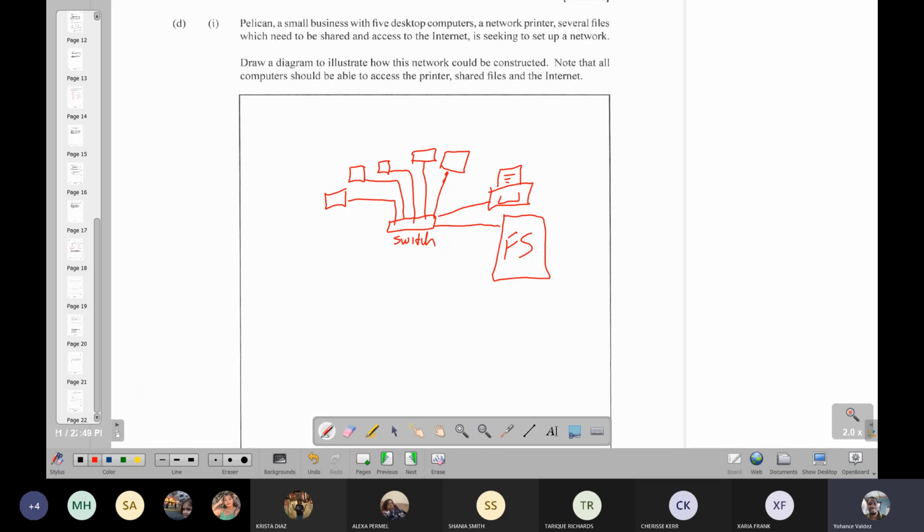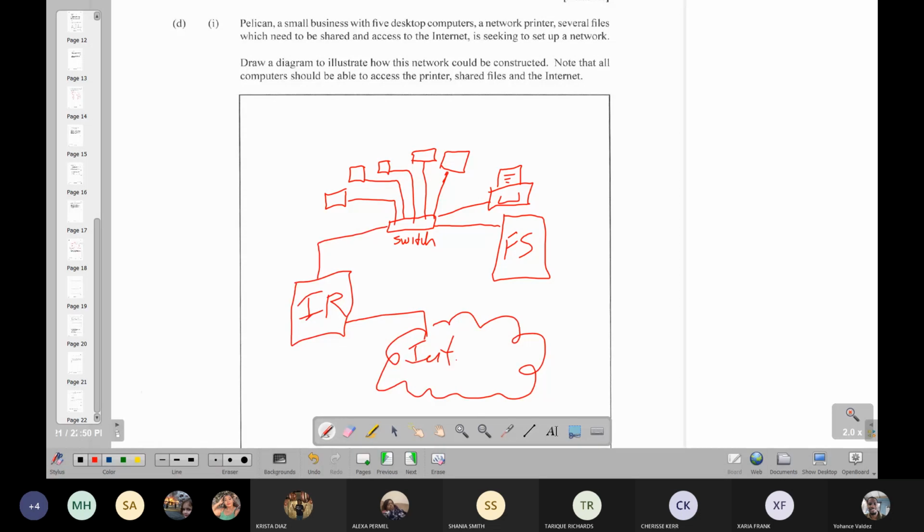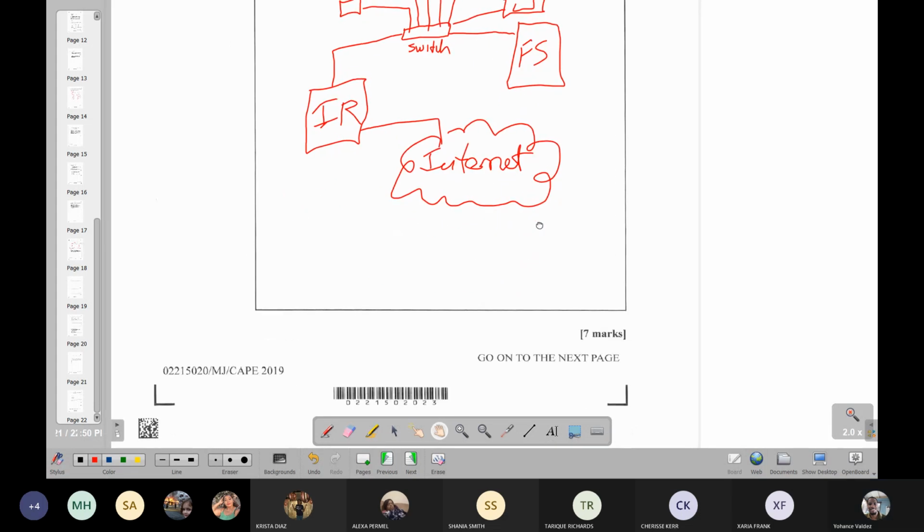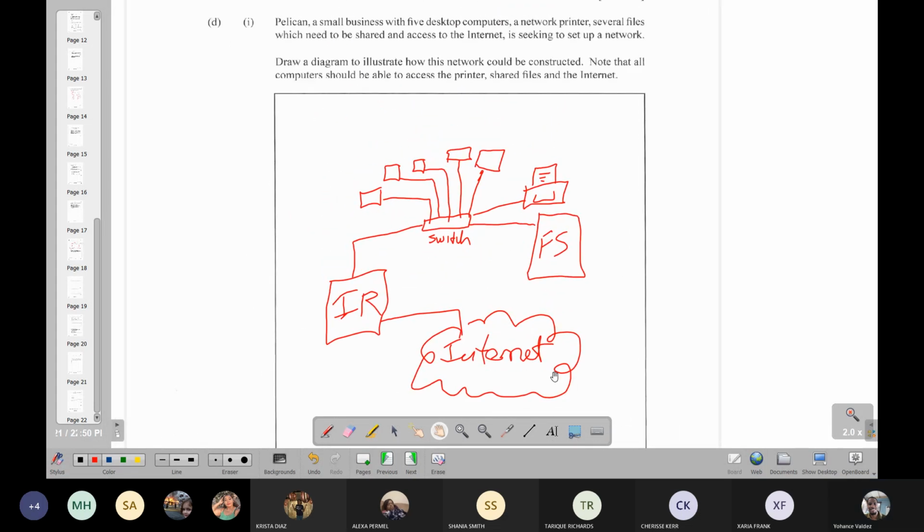All computers should be able to access the printer, shared files, and the internet. So this is our internet router here. And the internet router is accessing the internet. And this should be it.